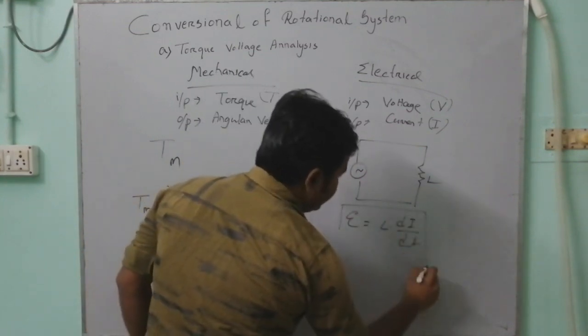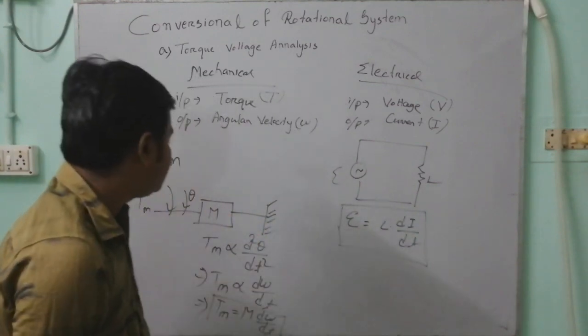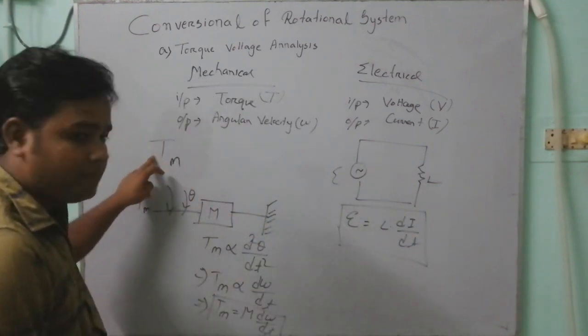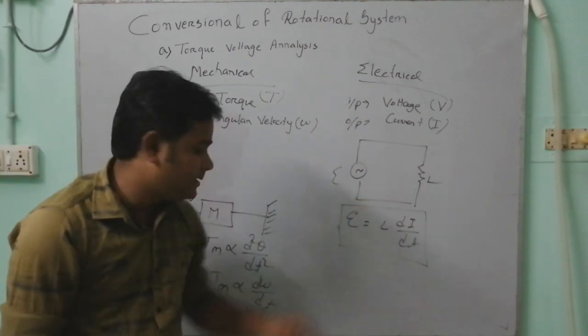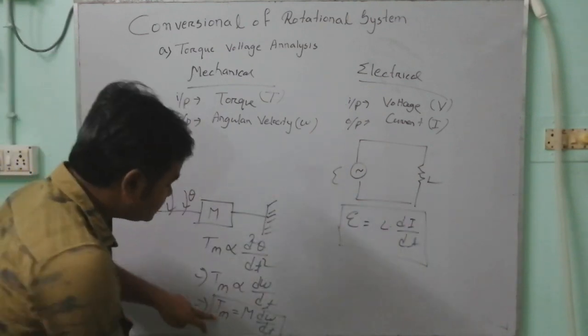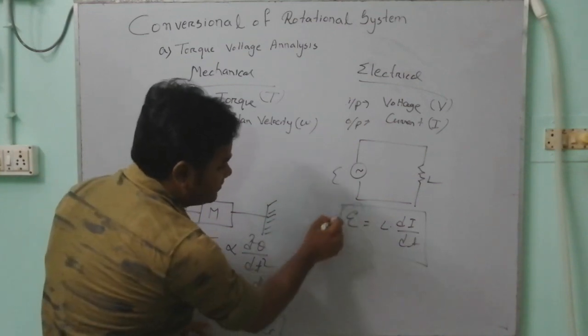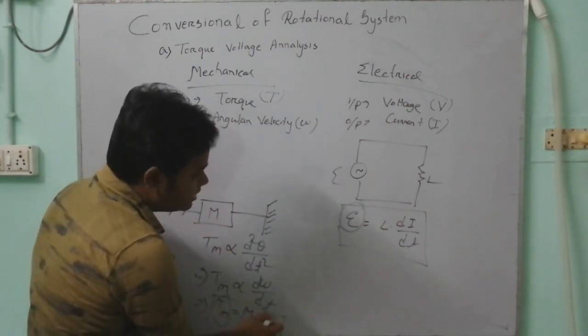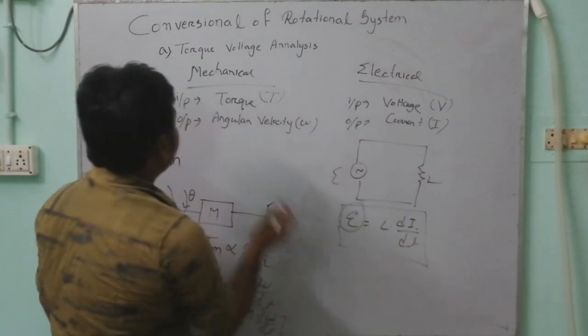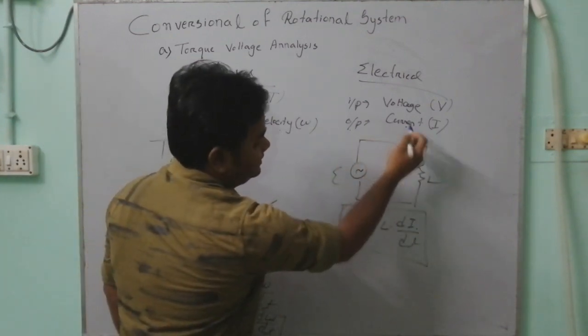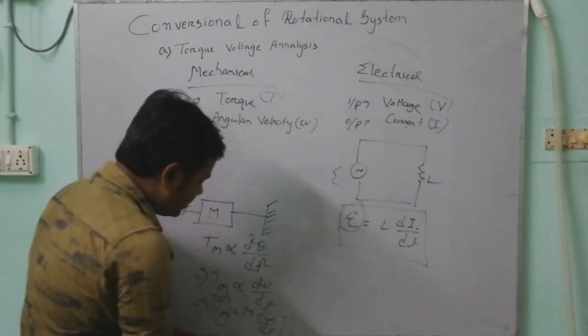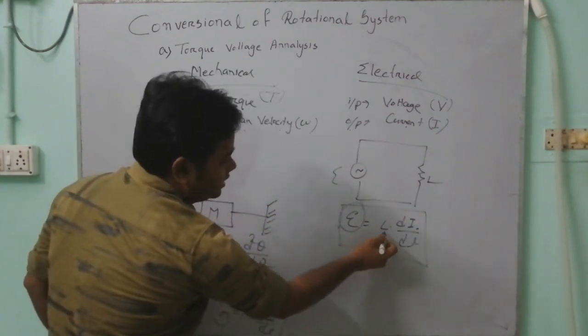This is the conversion of the mechanical model of torque due to mass to electrical model having the load L. That means here the torque Tm is converted into EMF E, and omega, the output angular velocity, is converted into output current I, and mass m is converted into inductor L.